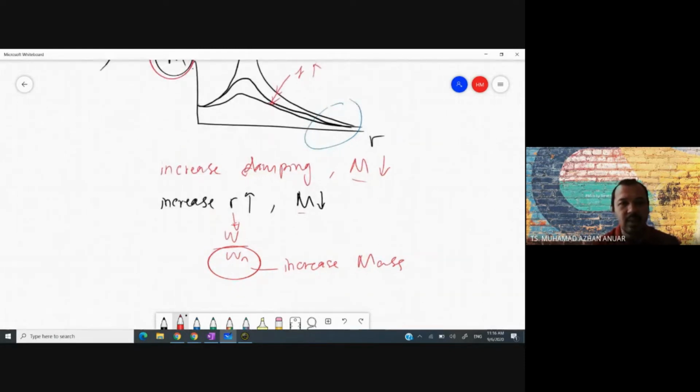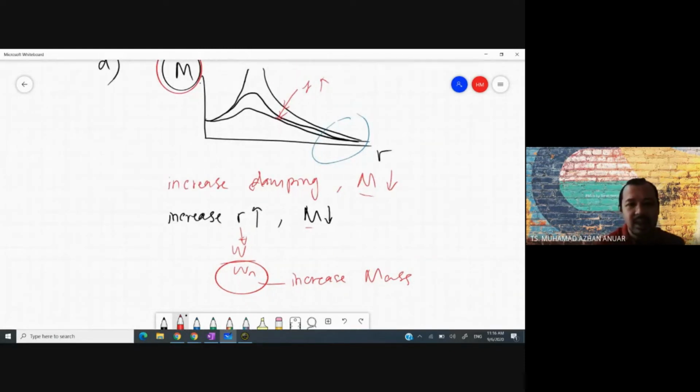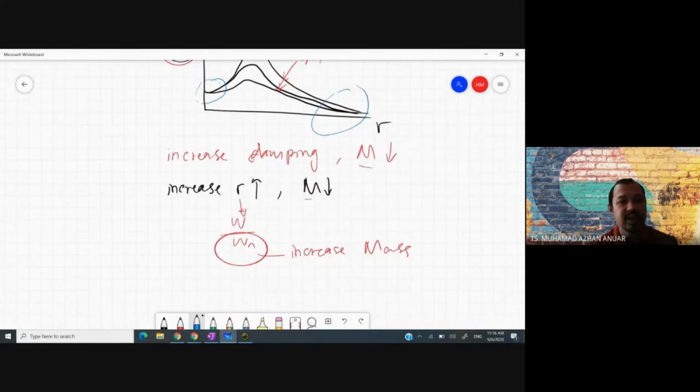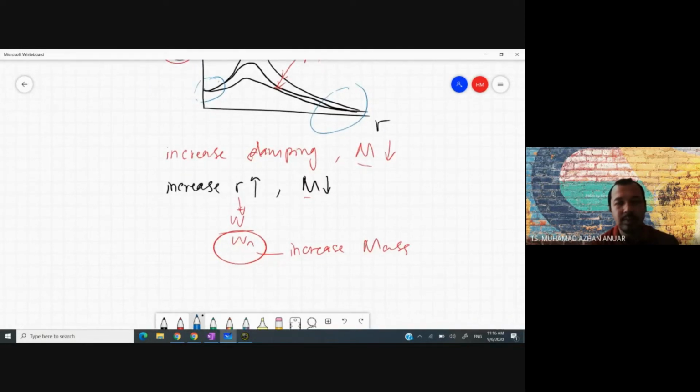And another way to do it is we look at this region here, which is the stiffness region, close to static deflection, close to 1. Basically we want a lower value of R, which is we want to make it close to 1.